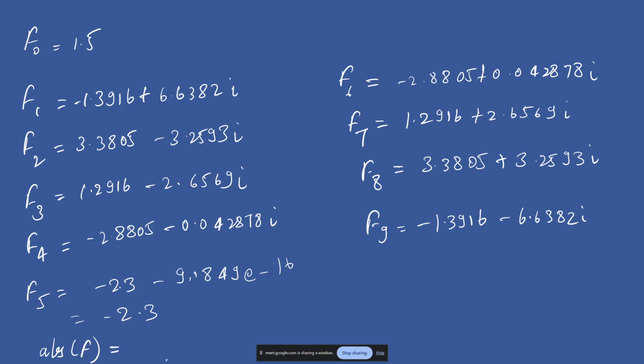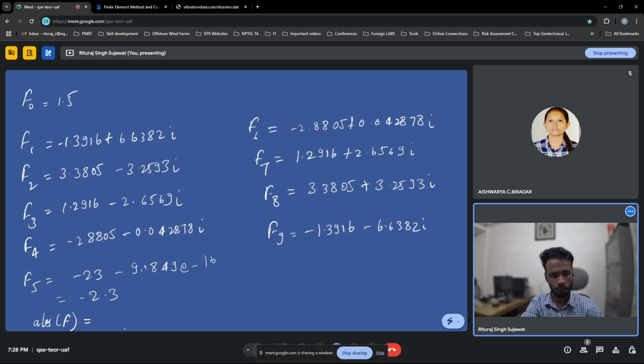So these are the answers in front of you. For final answers you need to take the absolute of all these imaginary numbers, and this is how you're going to perform the Fourier transformation for your discrete data. So any doubt till here?